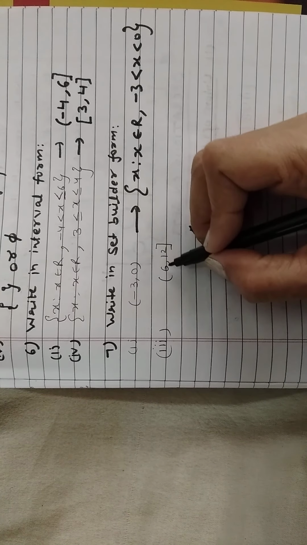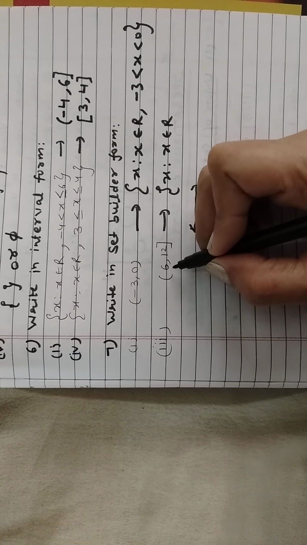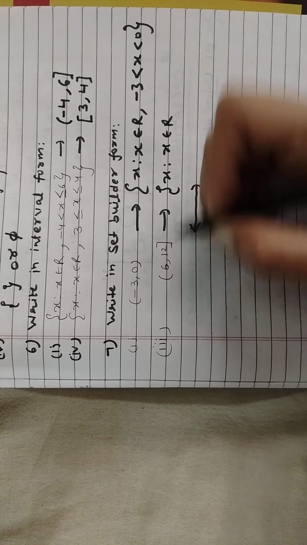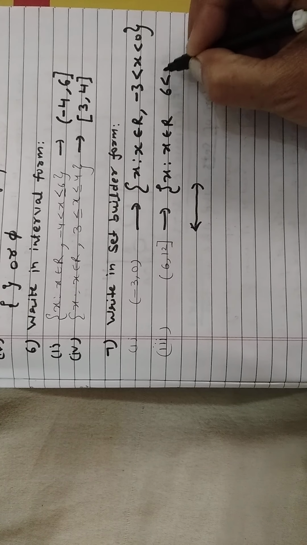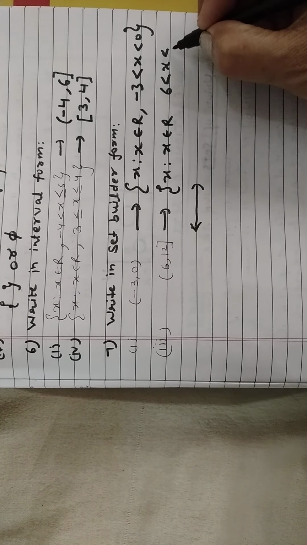Next is (6, 12]. What is its set builder form? {x : x belongs to R}. From the 6 side it is open, so 6 < x, and on the right side it is closed, so x ≤ 12. So this is the set builder form of these two.